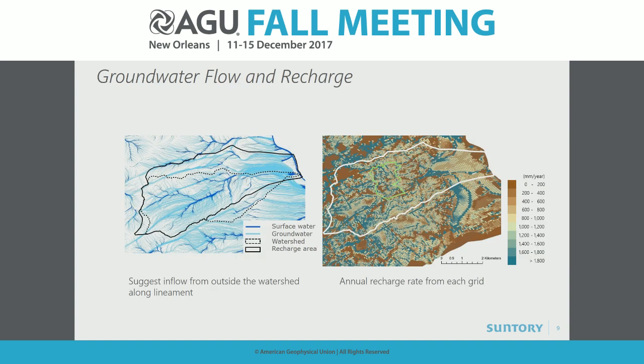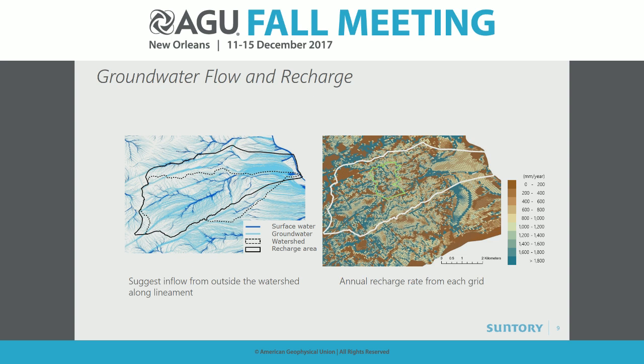And this is the result of the groundwater and surface water flow on the left-hand side, and this is the recharge rate from each grid, so groundwater input from each grid. The light blue line shows groundwater flows, and the blue line shows surface water.